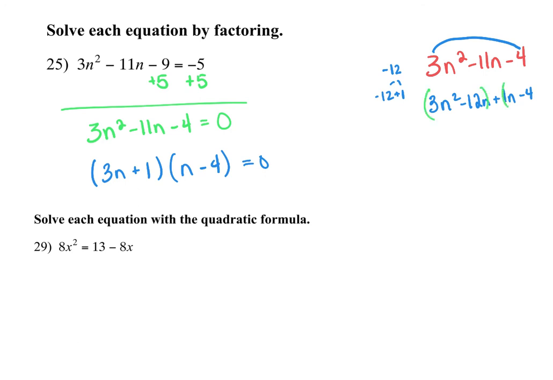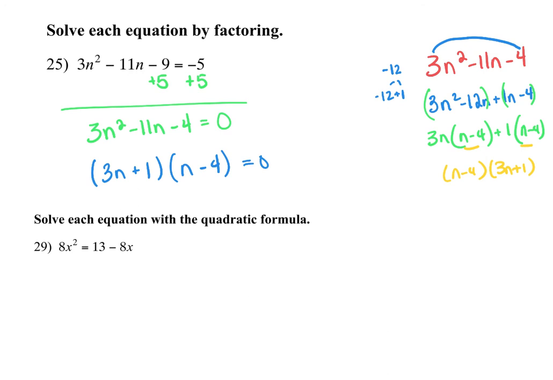Group here, take out my factor, 3n, n minus 4. When you don't have a factor, it's a 1, n minus 4. And then it factors into this guy, n minus 4, and 3n plus 1, which is what I got when I paired them up. All right.